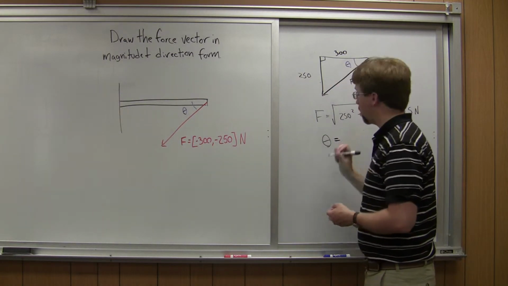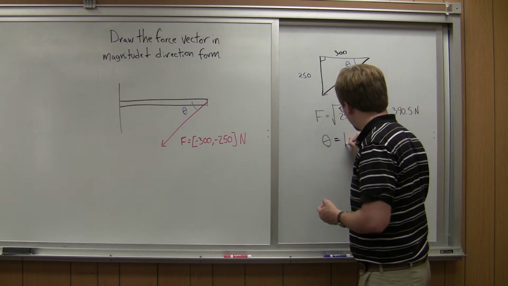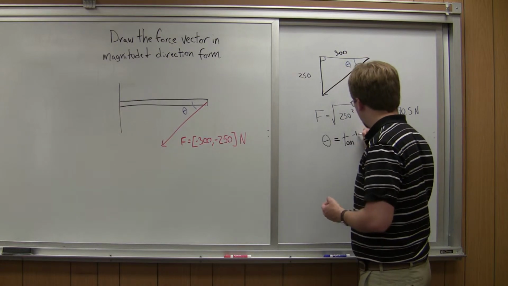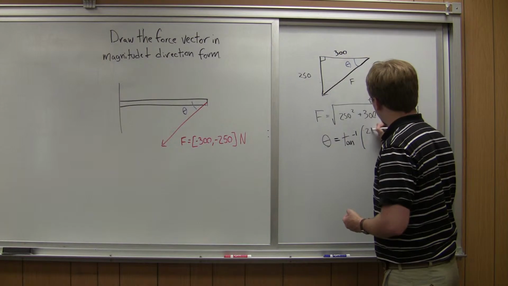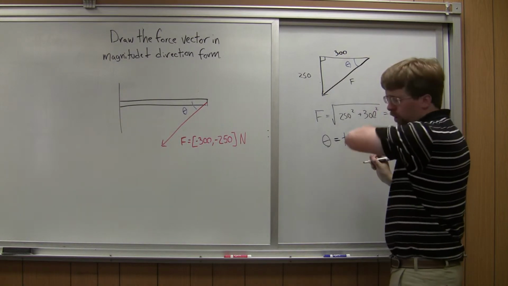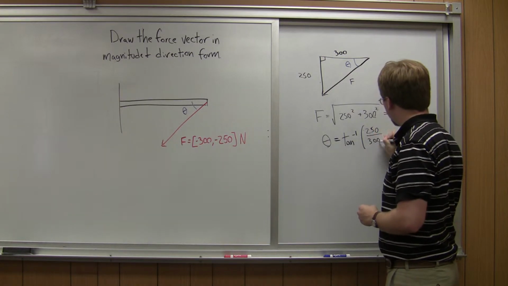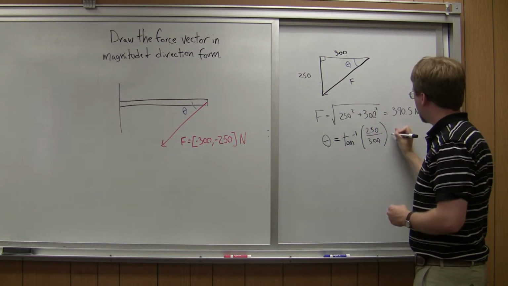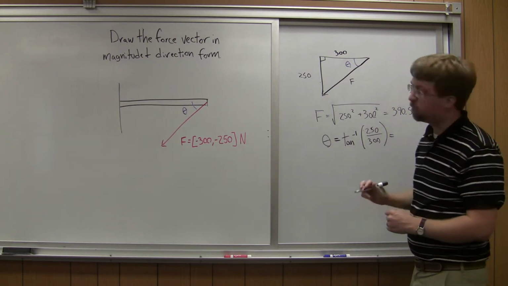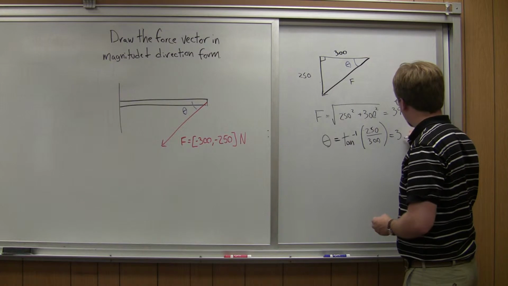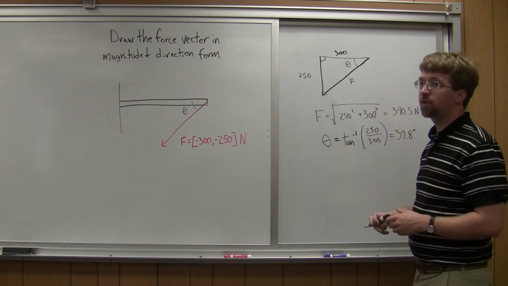And if I take the arctangent, or sorry, the inverse tangent, tan negative 1 of opposite over adjacent, or 250 over 300, I get an angle of approximately 39.8 degrees. And that's going to be my angle theta.